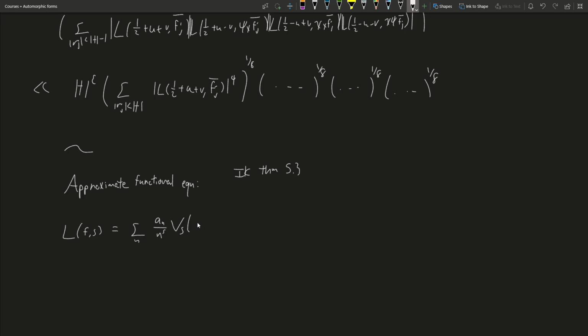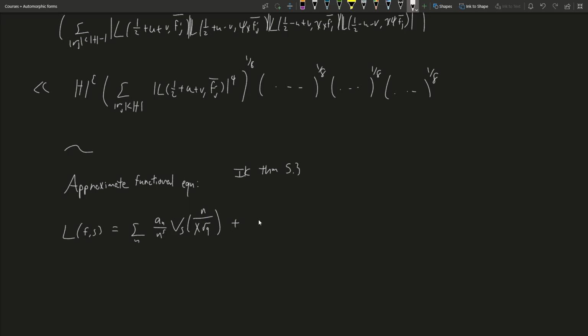And then there's some arbitrary parameter capital X, and then there's the square root of q, which is the conductor of this L function. And here in the numerator you have this n, which is what you're summing over.